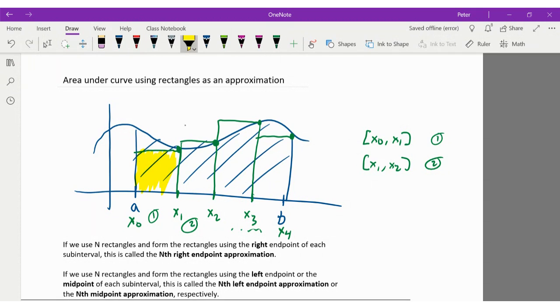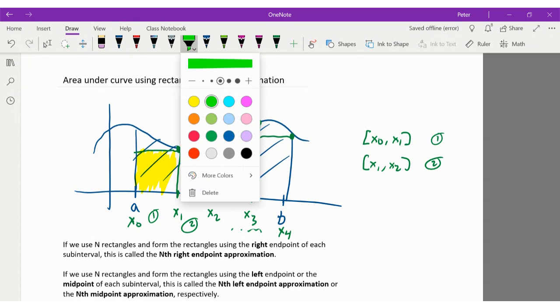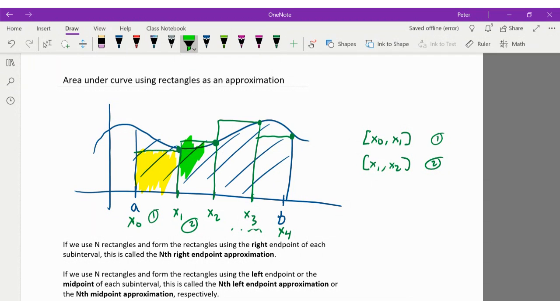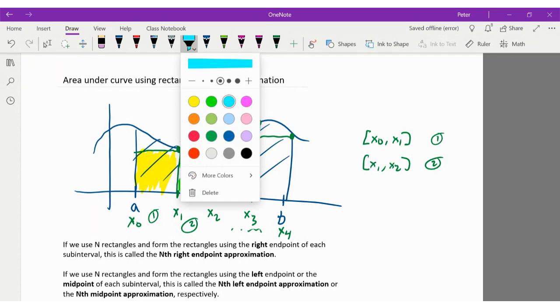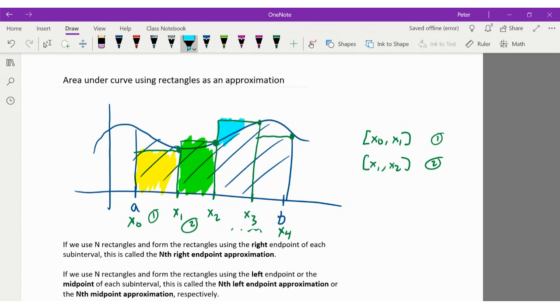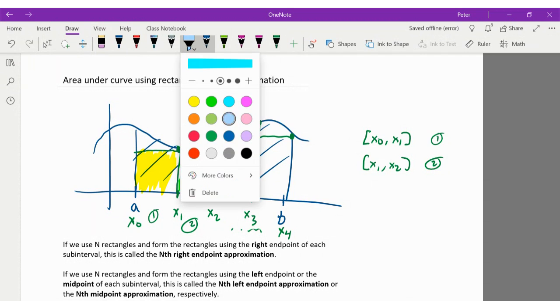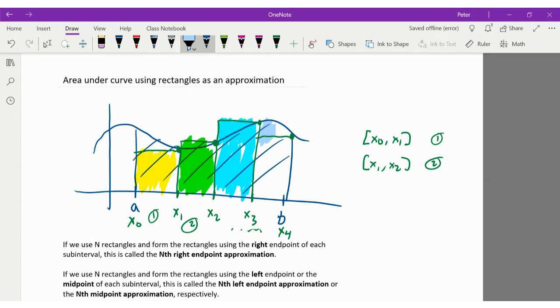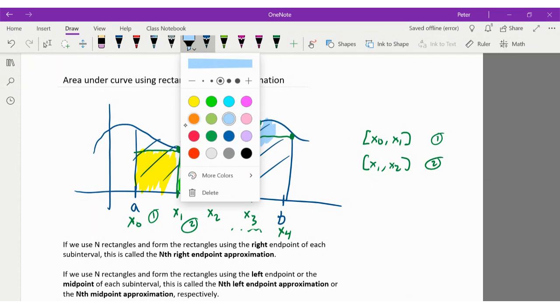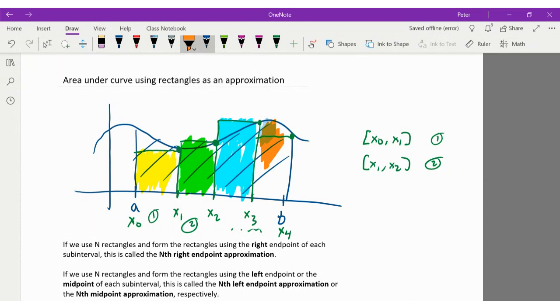So that's rectangle 1. That's rectangle 2. That's rectangle 3. And not a good color for that. There we go. That's rectangle 4. So we're just going to add up all these rectangles, and that's going to give a pretty good approximation of the area under the curve.